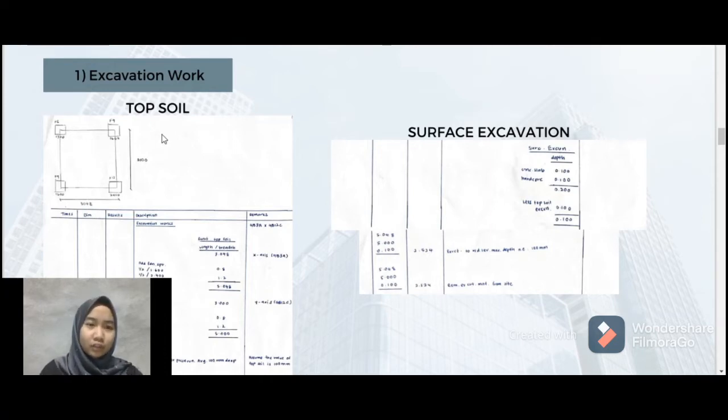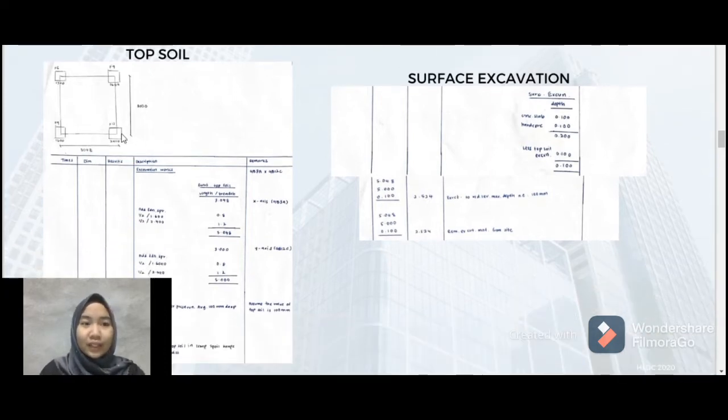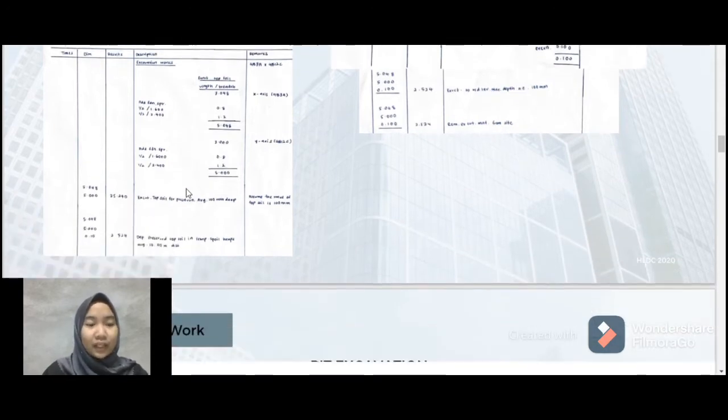For topsoil, the first step is to calculate the length of the beam. Because the length of the beam at the x-axis and y-axis is different, we have to calculate both sides. Then when we get the value, we multiply it to get the excavation of topsoil.